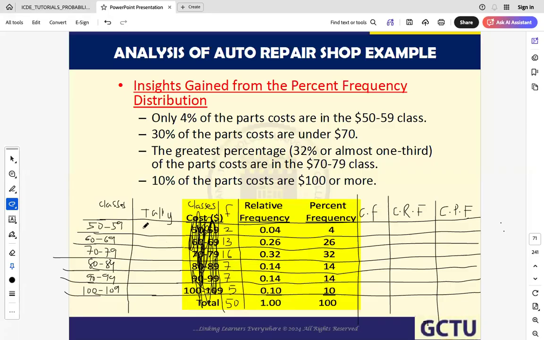So the tally, the first one was 2. Second one, 13 means 1, 2, 3, 4, 5, another 1, 2, 3, 4, 5, and then 1, 2, 3 for the 13.